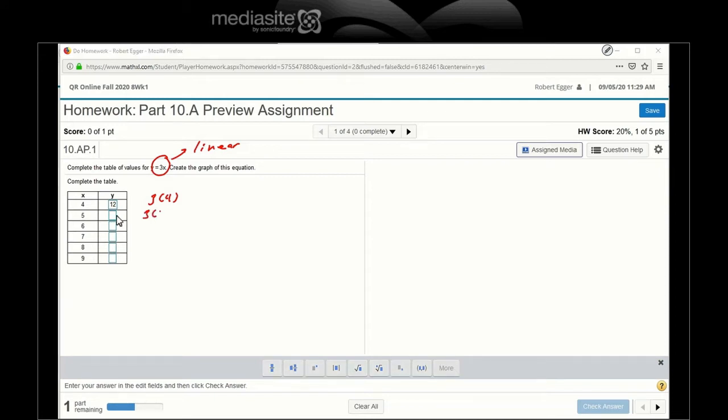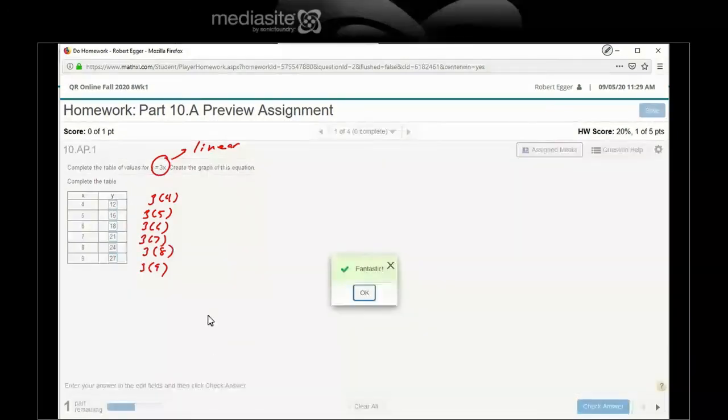Then 3 times 5, or 15. 3 times 6, 18. 3 times 7, 21. 3 times 8, 24, and finally 3 times 9, which is 27. So let's see if we're right. Alrighty.